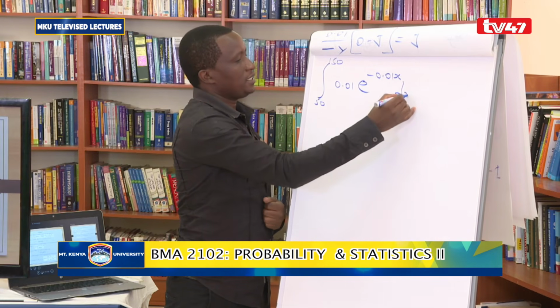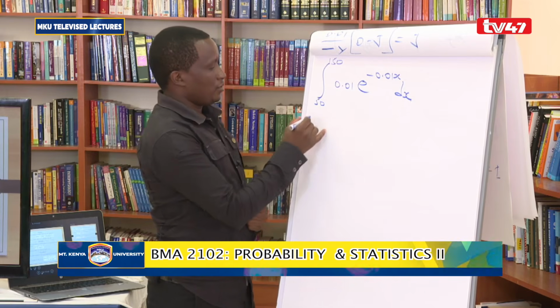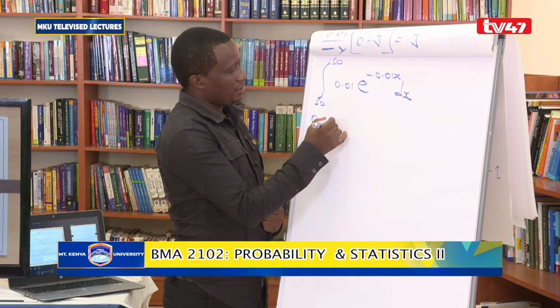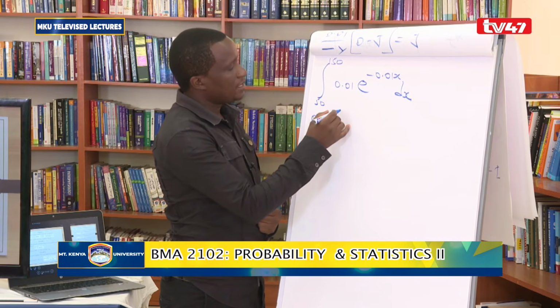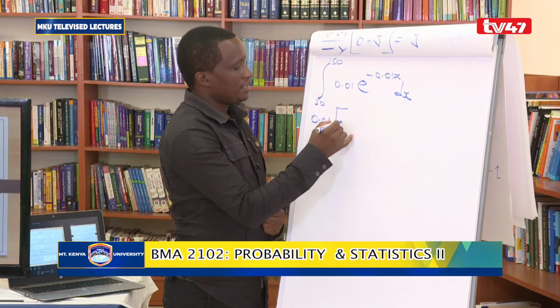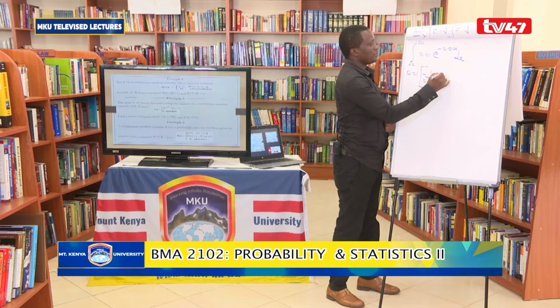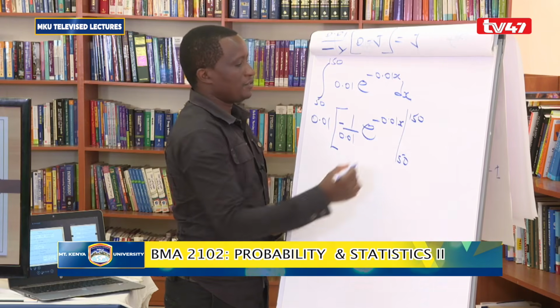So we can again factor out 0.01, so that the integral here will be negative 1 over 0.01 exponential negative 0.01x. Then put limits 50, 150.